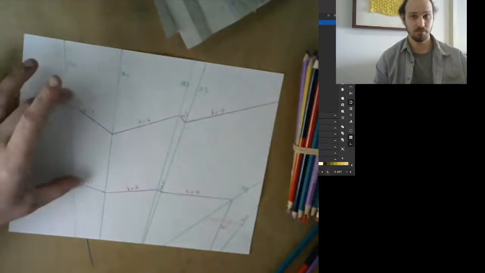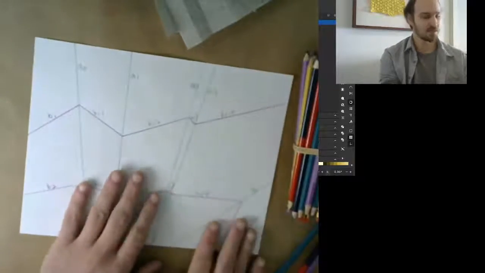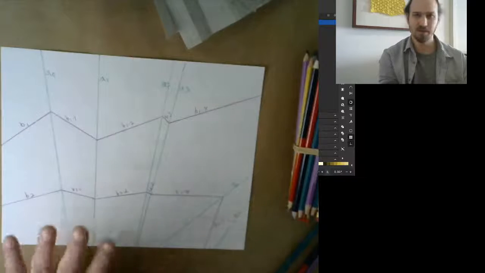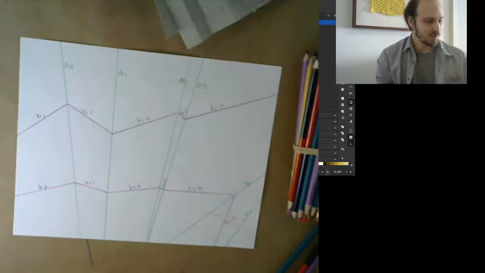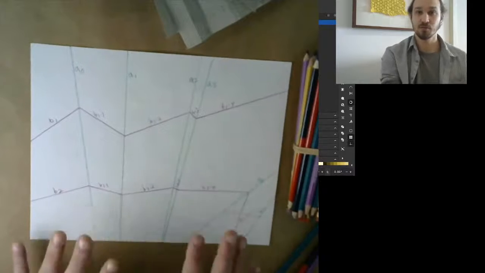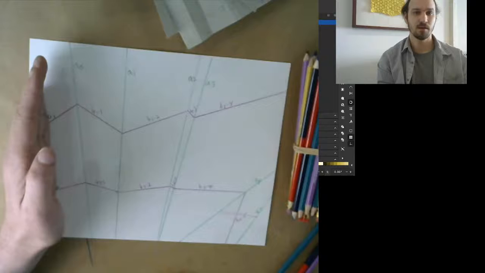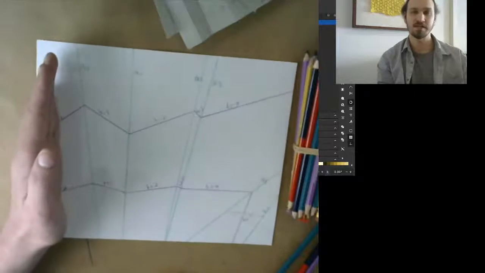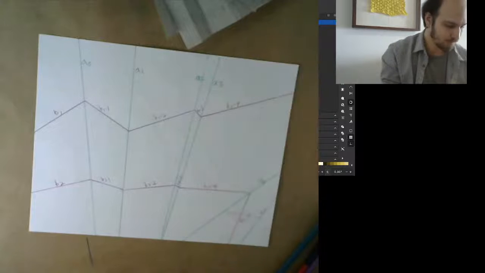These reflection lines don't intersect each other. They're playing nice with each other, so that's good. Which means we can actually give some kind of parameters for the regions themselves. We can call a region a rising one, a falling one, a rising one, a falling one, something like that.